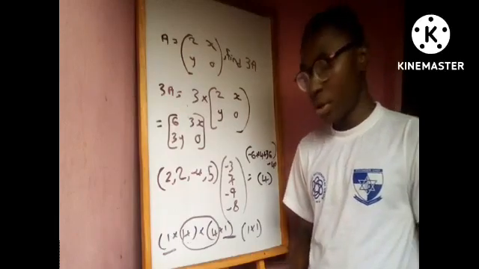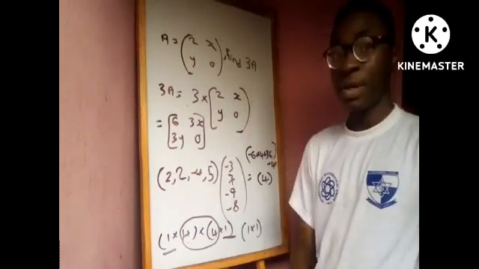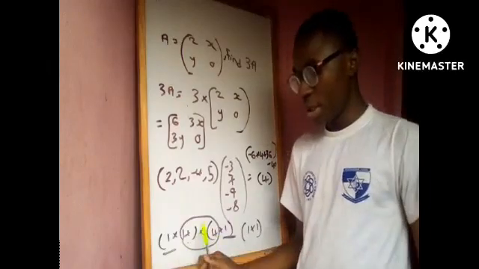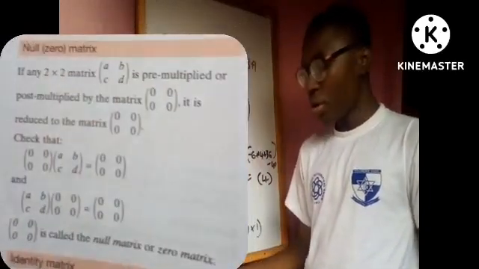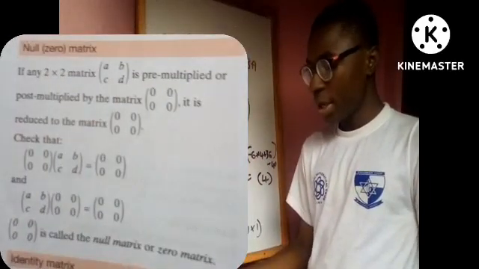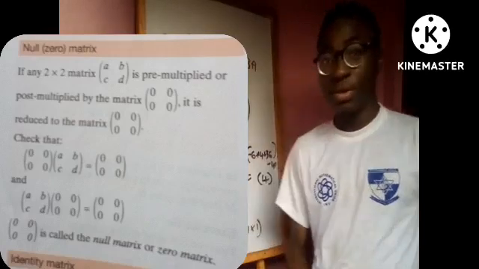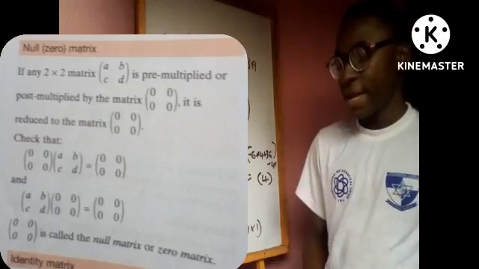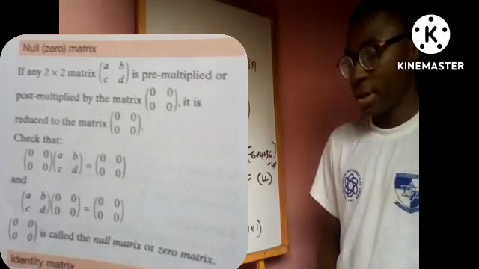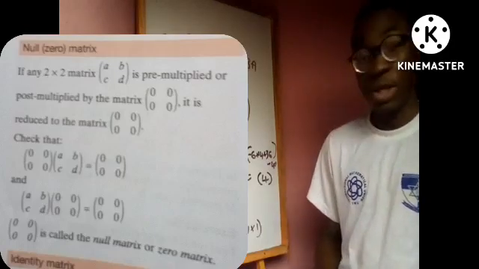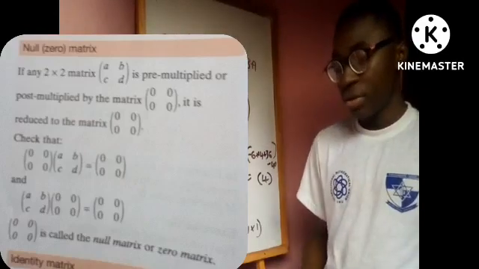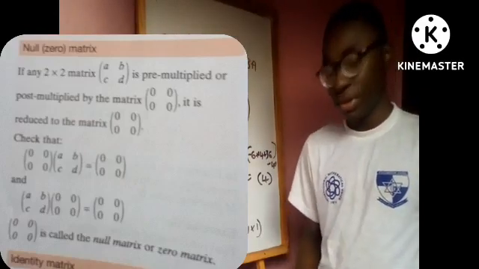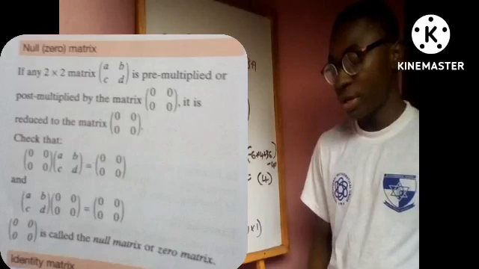Now let's talk about different names of matrix. First of all, we have what's called a null matrix, also known as a zero matrix. As you can see in this diagram, if any 2 by 2 matrix is pre-multiplied or post-multiplied by the matrix 0, 0, 0, 0, that is the null matrix, it is reduced to the matrix 0, 0, 0, 0.